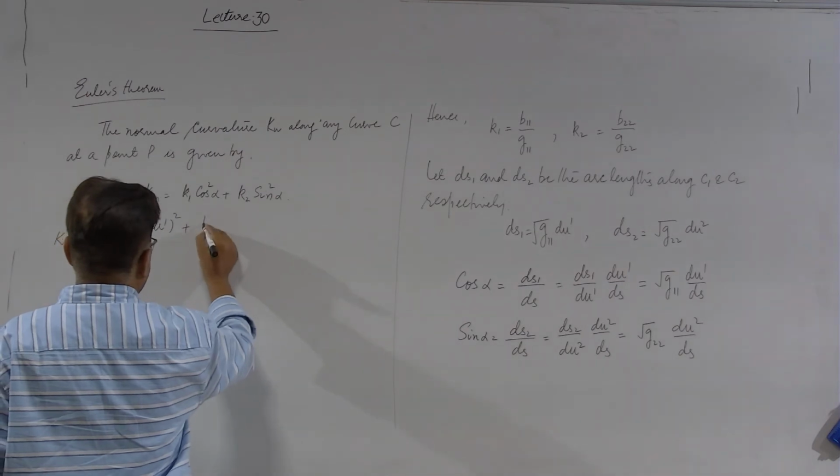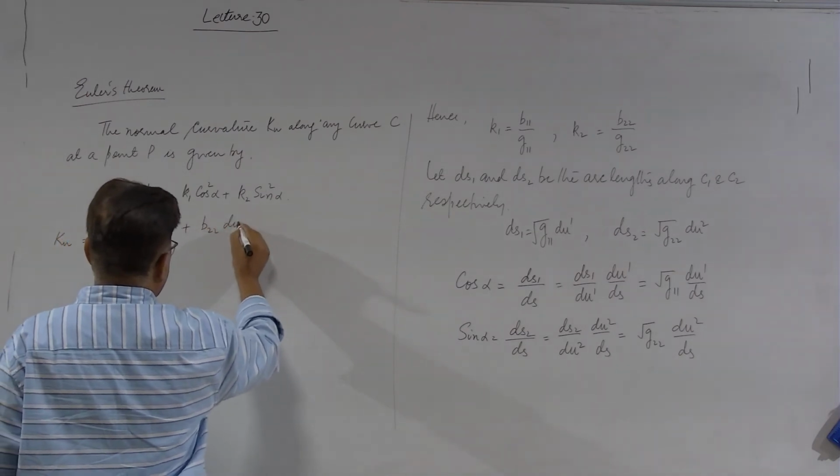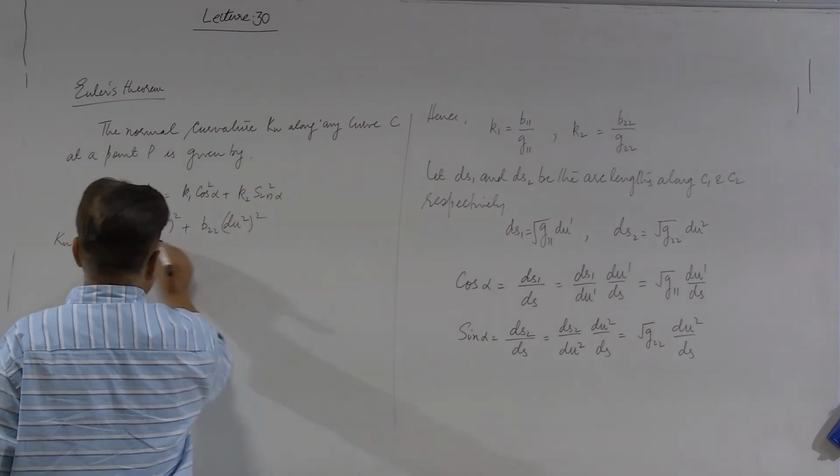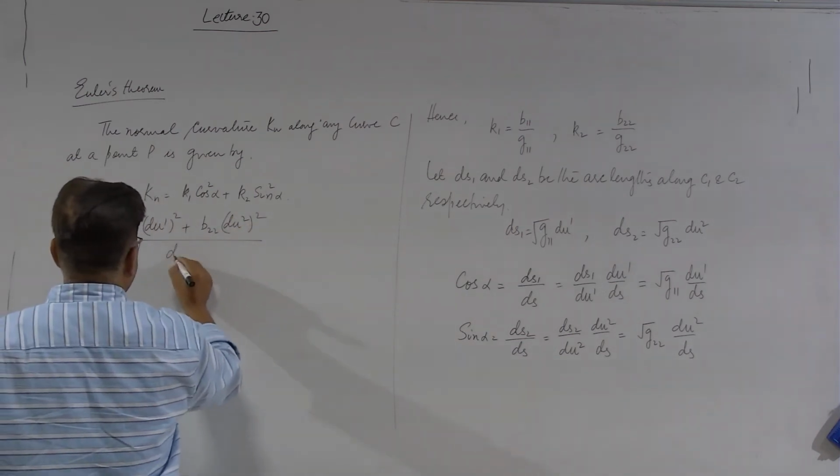So, this is simply b22 into du2 square, upon ds square.